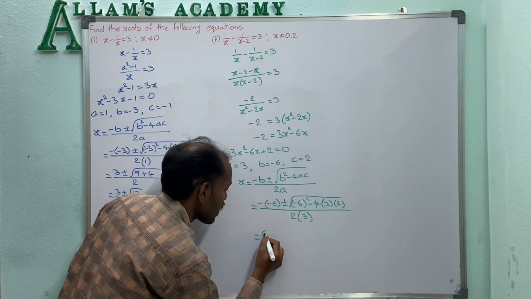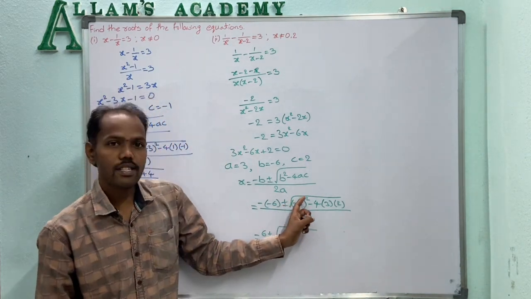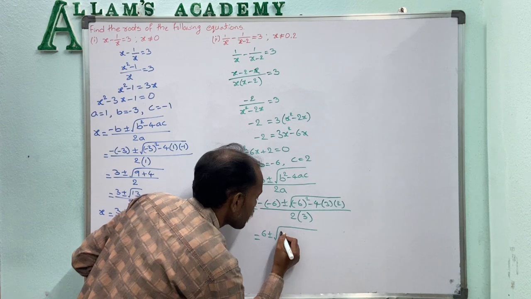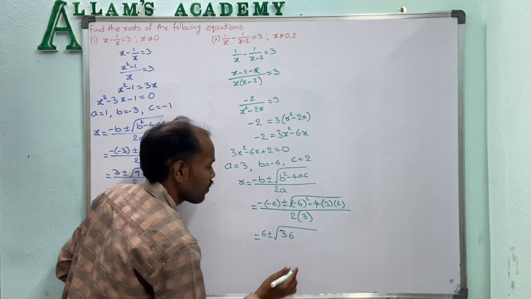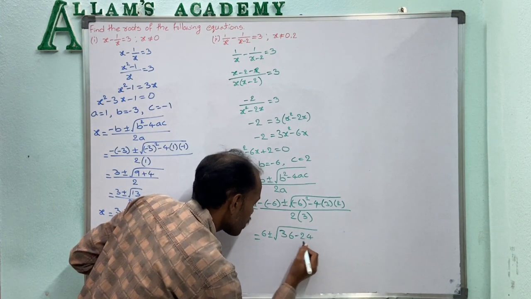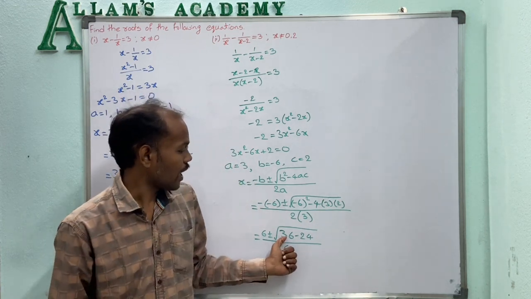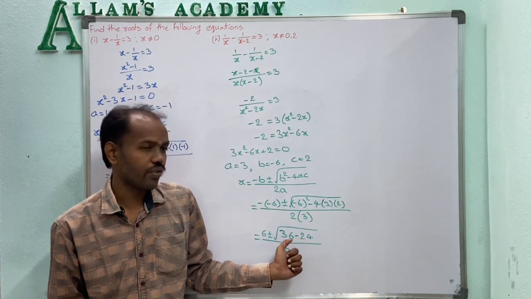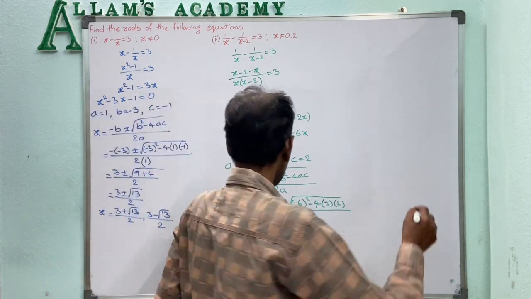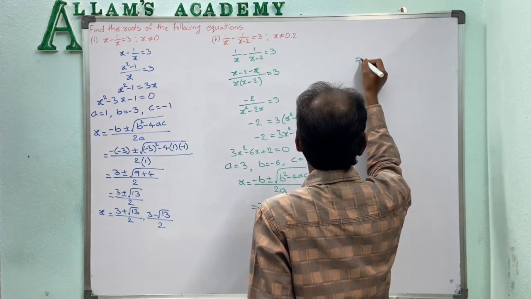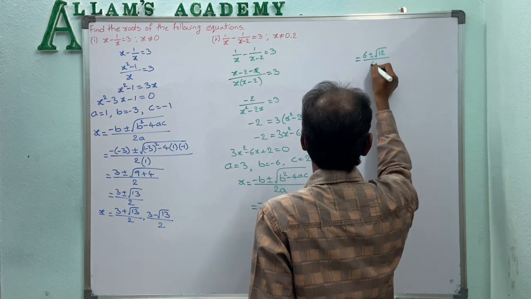Minus of minus 6 is nothing but plus 6, under root plus or minus, so minus 6 whole square is nothing but plus 36, so 4 3 ja 12, 12 2 ja 24, so minus 24, by 2 3 ja 6. So under root 36 minus 24, that means 36 minus 24 is nothing but 12, so that equals 6 plus or minus under root 12 by 6.